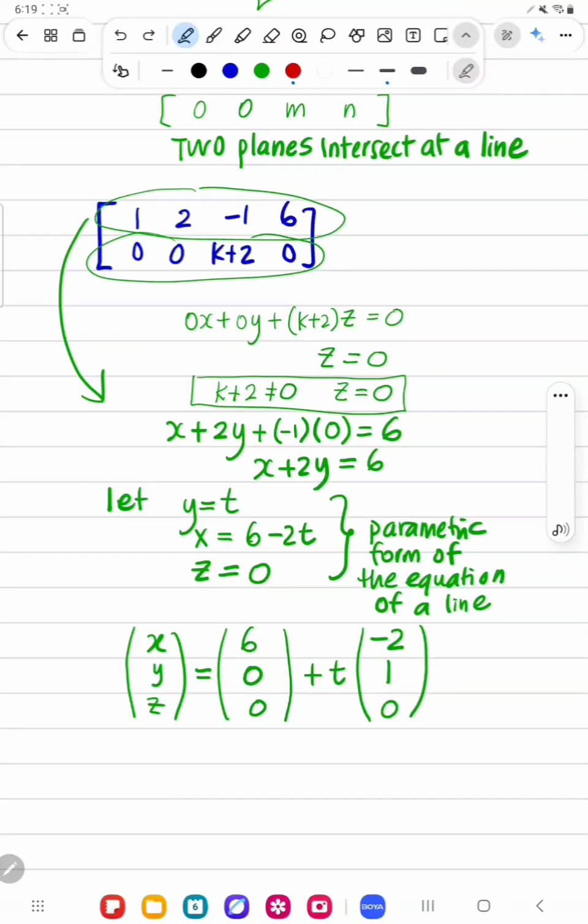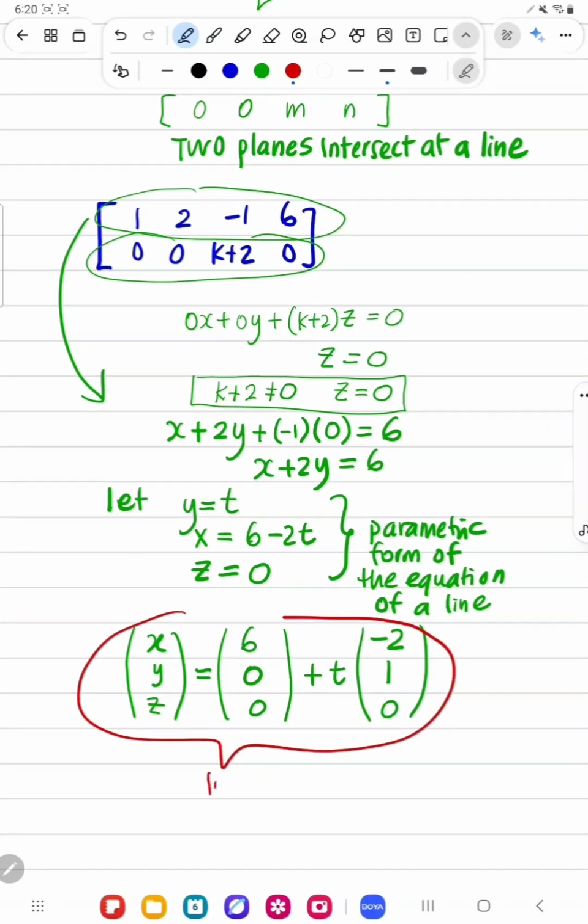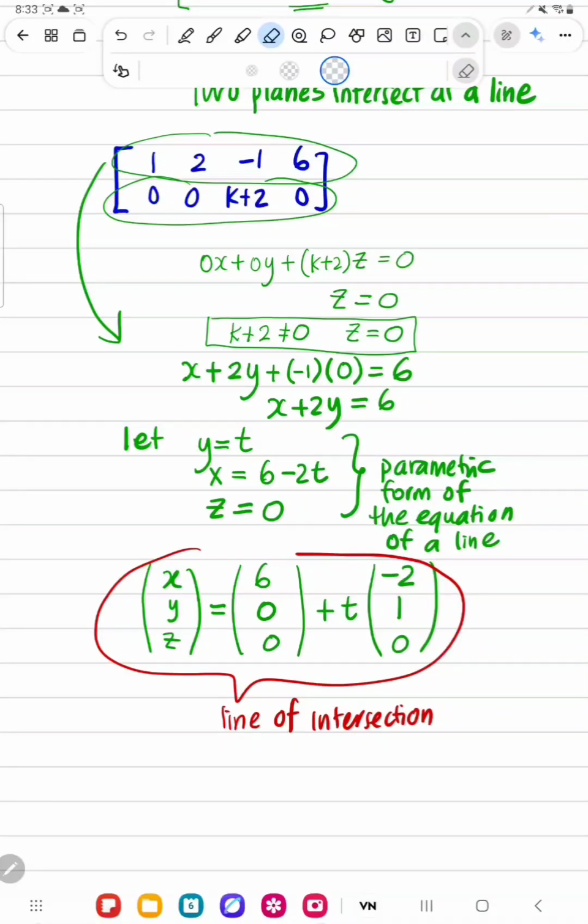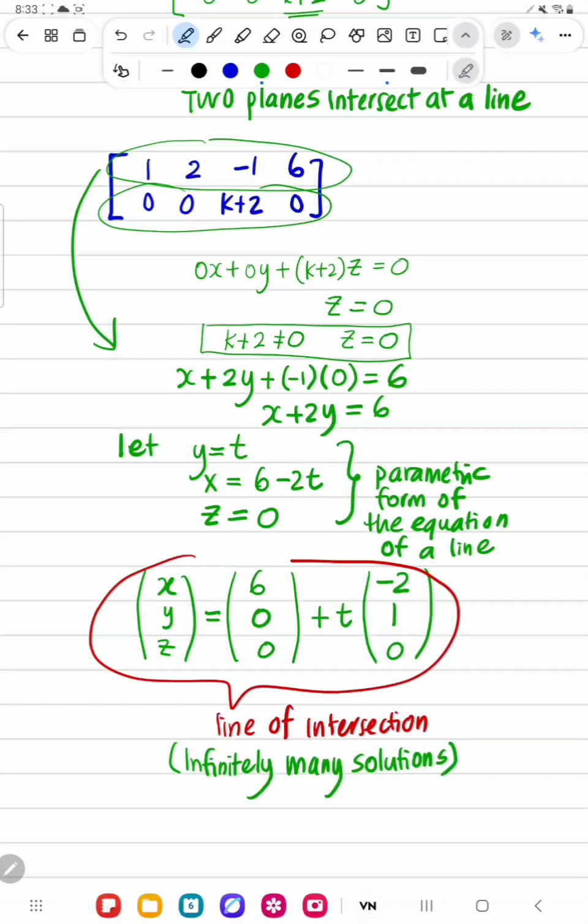So when k plus 2 is not 0, the two planes intersect along a line. And this is the equation of their line of intersection. Intersection along a line has infinitely many solutions as well.